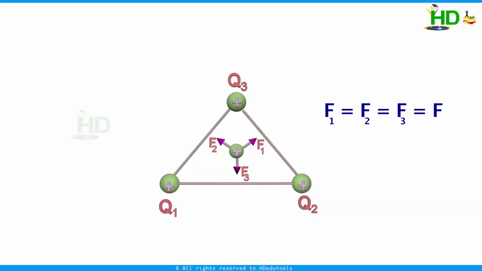Since F1 equals F2 equals F3, and this is 120, this is 120 and this is 120, using the triangle law of forces, we can say the resultant force is 0. That is, here the resultant of these two forces is along this direction. Since this angle is 120 degrees and F1 equals F2, this force is equal to one of the forces, and these two are equal and opposite. They get cancelled. The resultant force is 0.